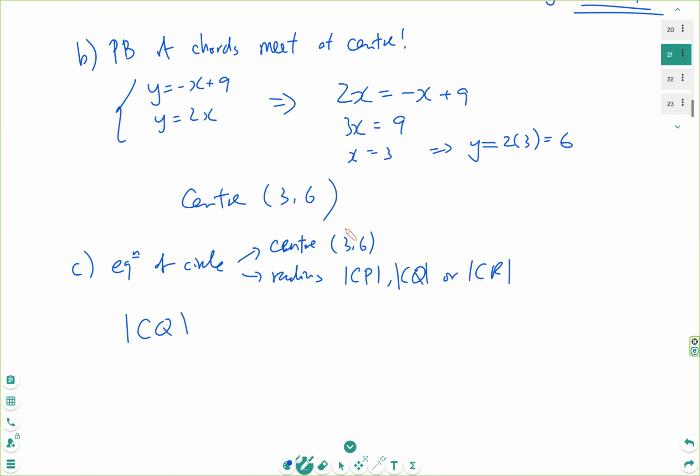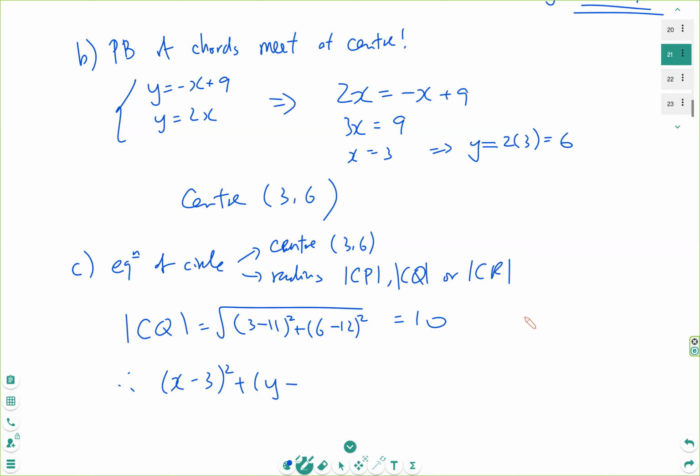So CQ equals the square root of (3 minus 11) squared plus (6 minus 12) squared, which equals 10 when you put it in a calculator. So therefore, the equation of the circle is (x minus a) squared plus (y minus b) squared equals radius squared, which is 100.